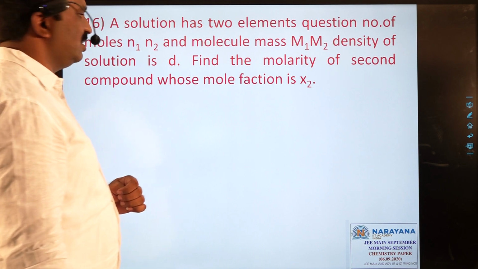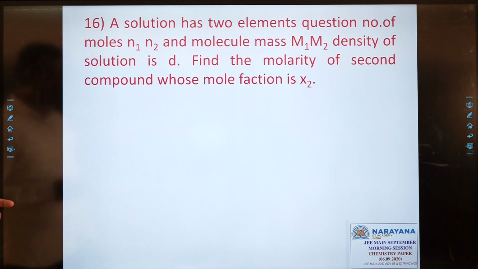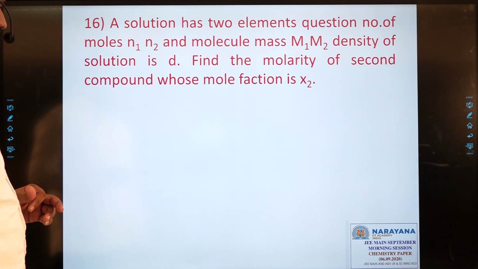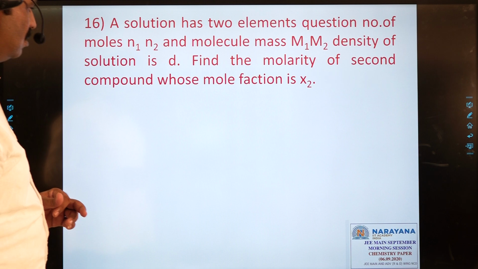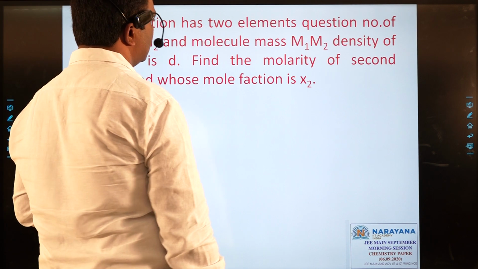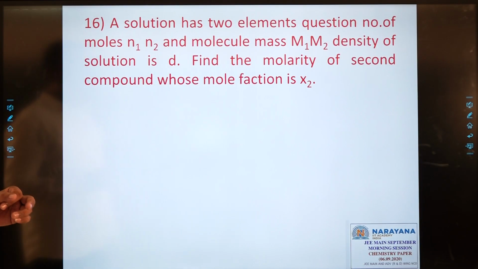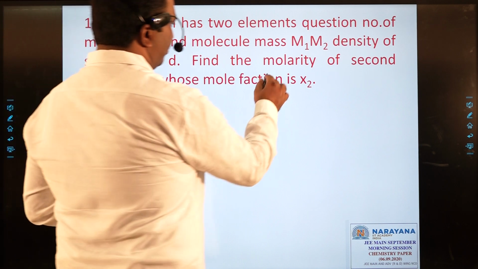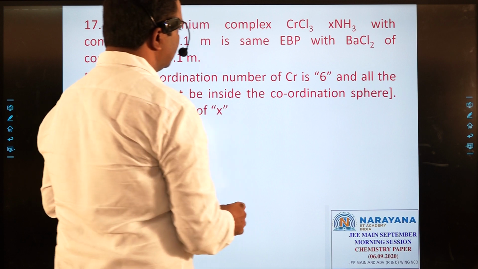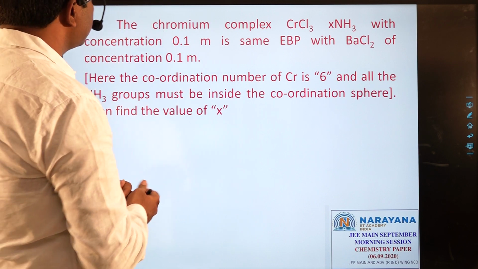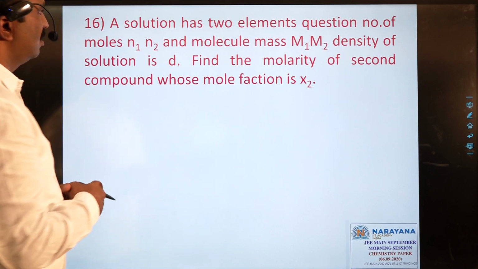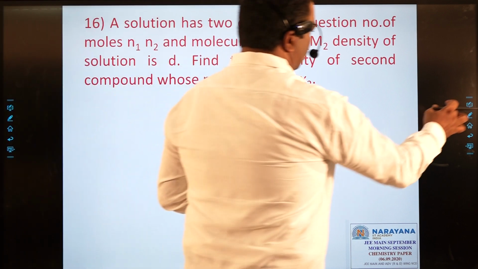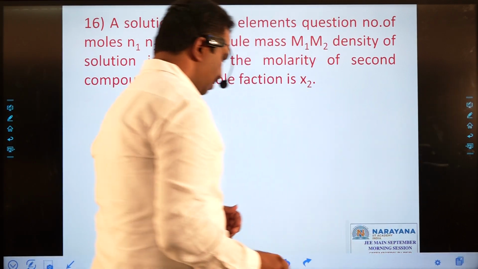Density of solution is D. Find molarity of second compound whose mole fraction is X2. This might be molarity of the solution. So molarity of the solution we have to find out.